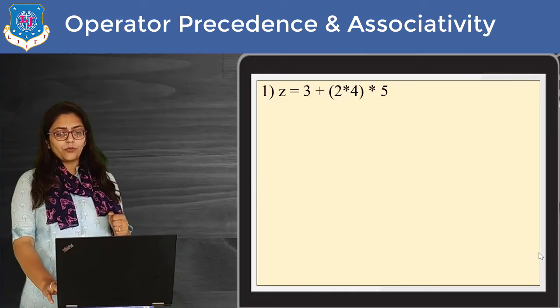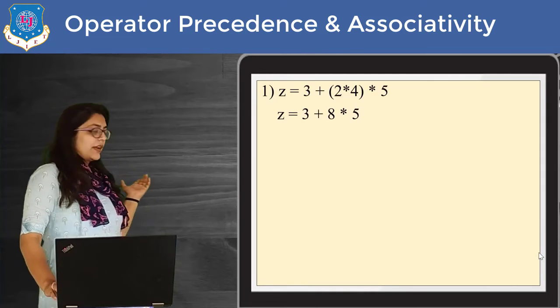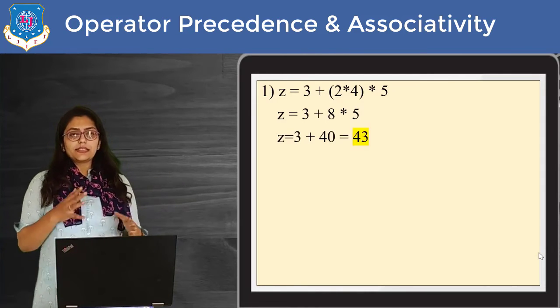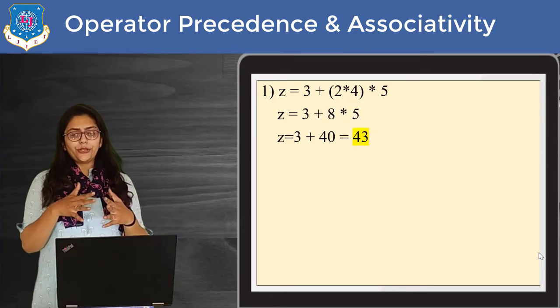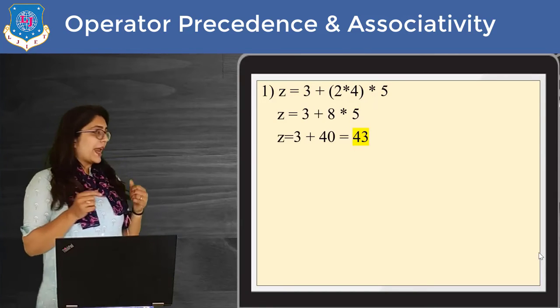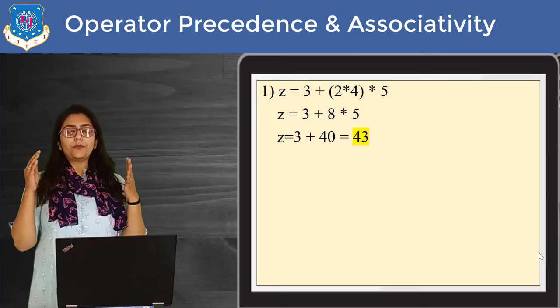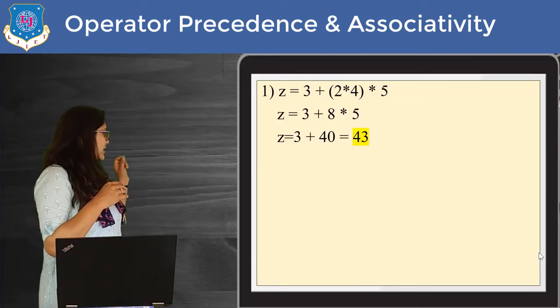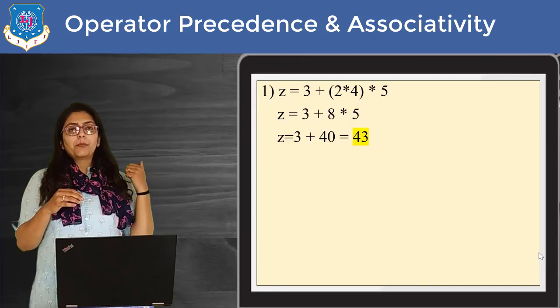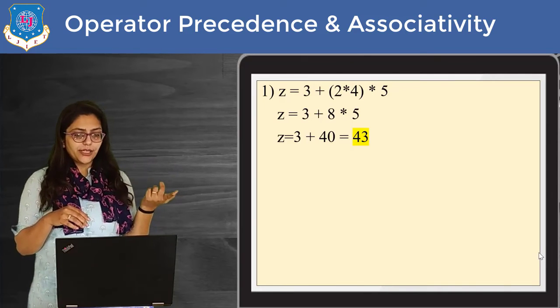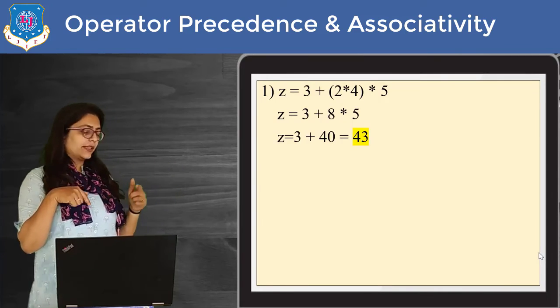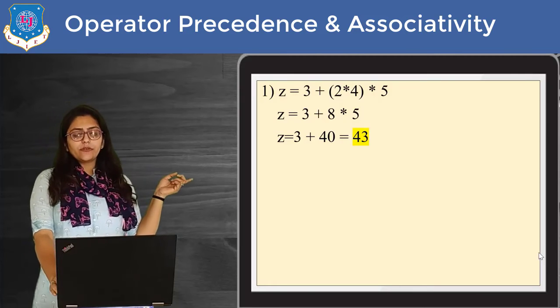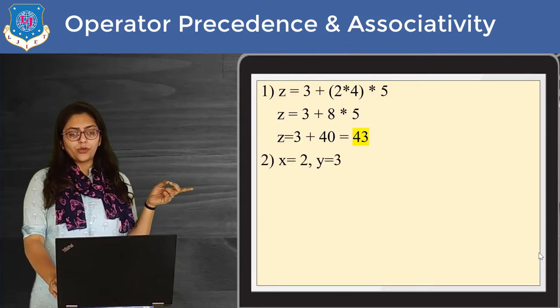Here also I have given one example where z equals 3 plus (2 into 4) into 5. Brackets have higher precedence, so first the brackets will be evaluated as 8. Then it is 3 plus 8 into 5. Multiplication has higher priority, so first 40 is evaluated and then it is added to 3. So we get z as the final answer of 43.